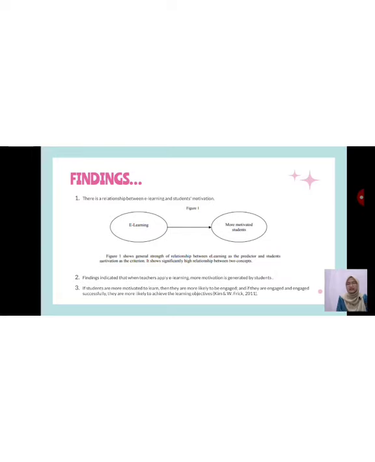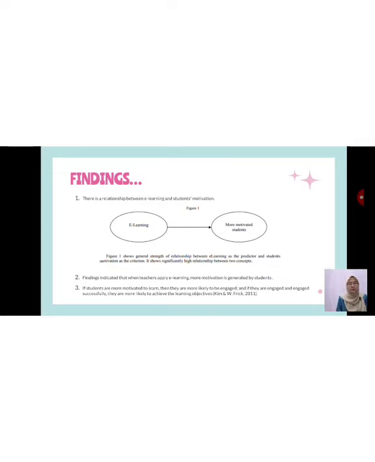Based on the findings, the results showed that there is a significant relationship between e-learning and students' motivation based on Figure 1. When teachers apply e-learning, more motivation is generated by students.